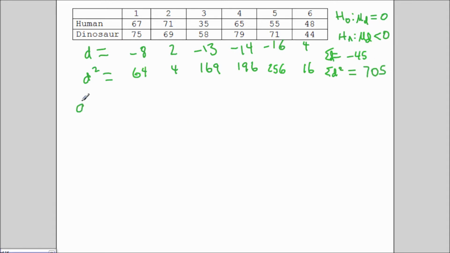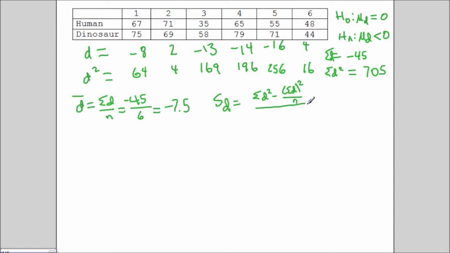So d bar is equal to the sum of d's over n, which is minus 45 divided by 6, which is equal to minus 7.5. Now our standard deviation of the d's, the formula I'm going to use because I have d and d bar, is the square root of the sum of d squared minus the sum of d all squared divided by n, all divided by n minus 1.